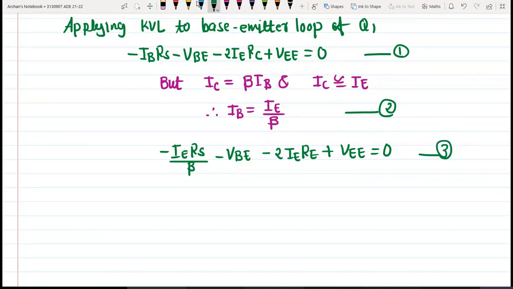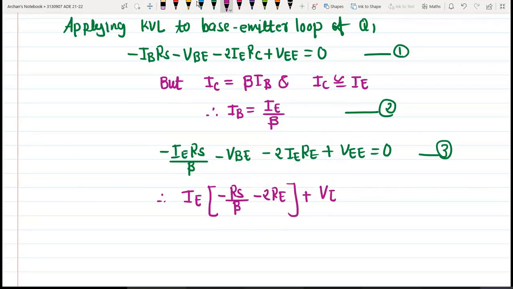Let us call it equation number 3. Okay, so let us take IE common, then it will be equal to minus RS by beta minus 2RE, plus VEE minus VBE equal to 0.